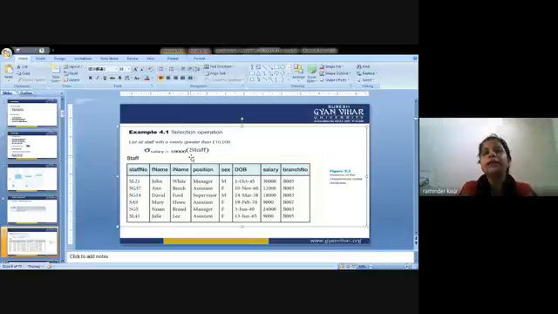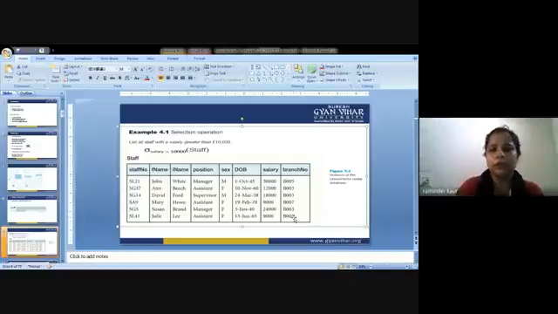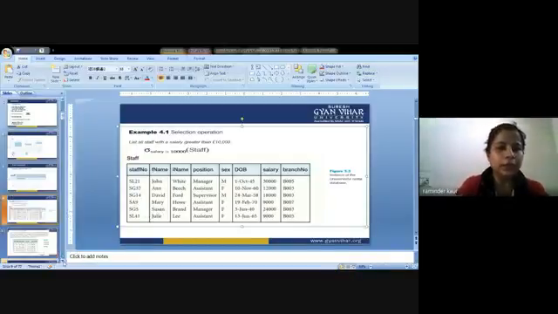Those having salary greater than 10,000 will be presented. Out of these, two will be removed, SL41 and SA9. These two records will be removed, and the remaining 4 records will be the answer to this query. If you have any query, do let me know.